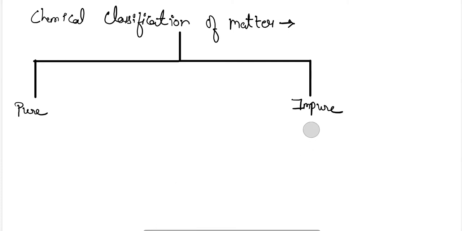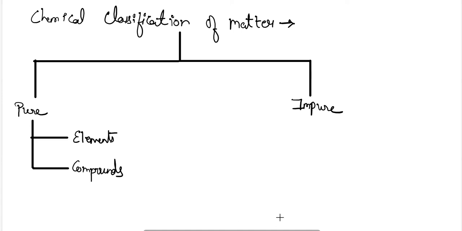Pure substances are further classified into two parts: elements and compounds.